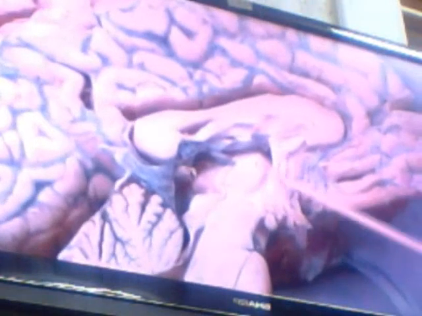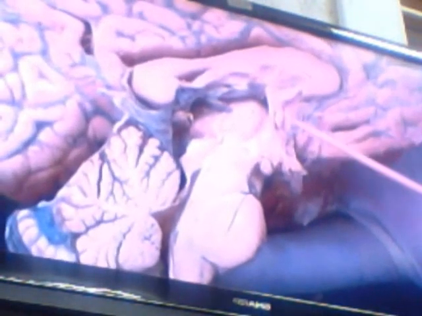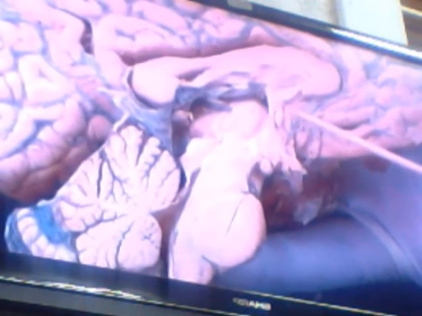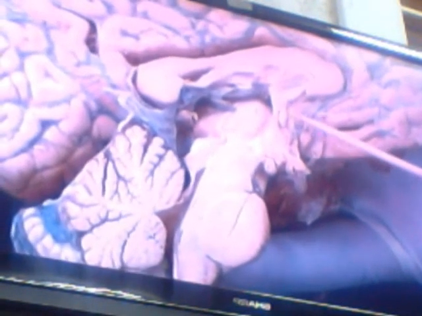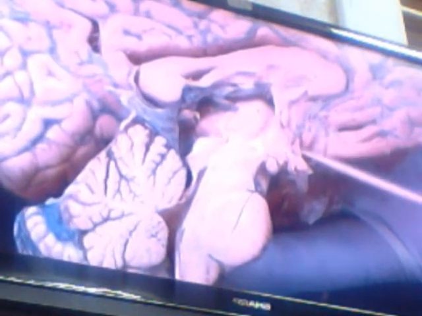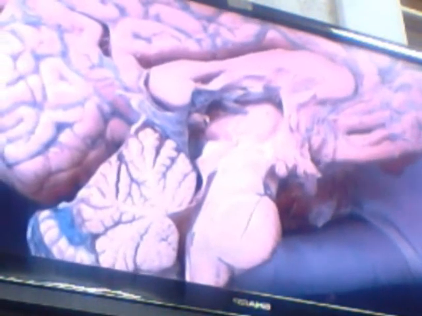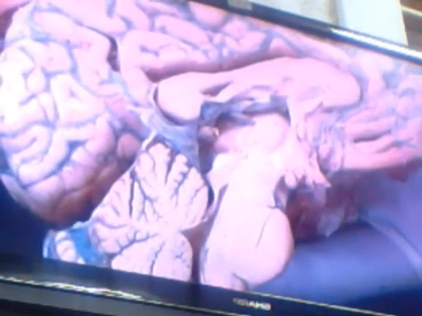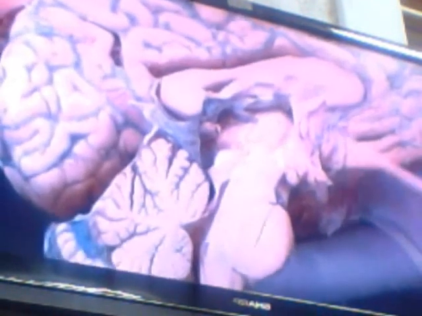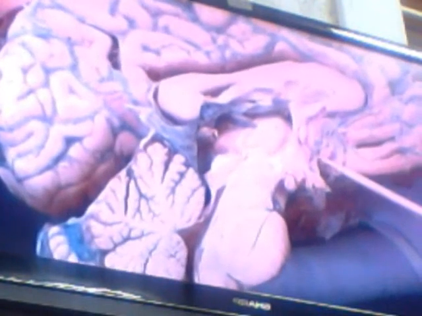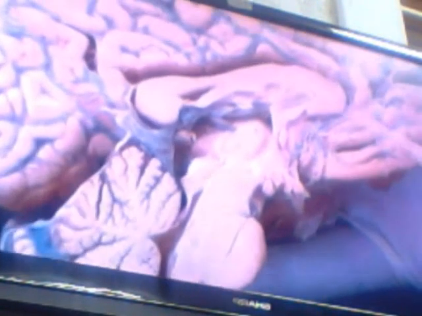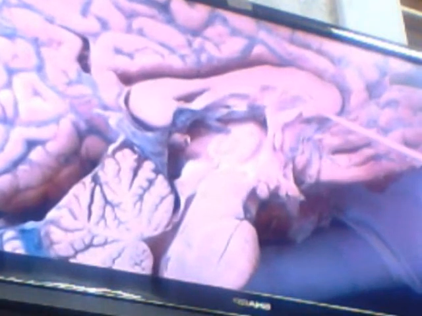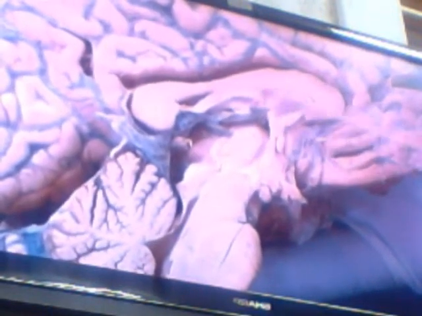Right at the front of the third ventricle, I have a border, and this border is the lamina terminalis. Lamina is the layer, terminalis is the end. So at the end of my third ventricle, I'm going to find the lamina terminalis. And above, I'm going to find the corpus callosum.